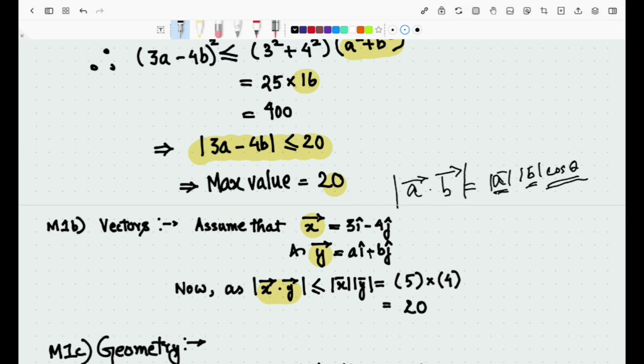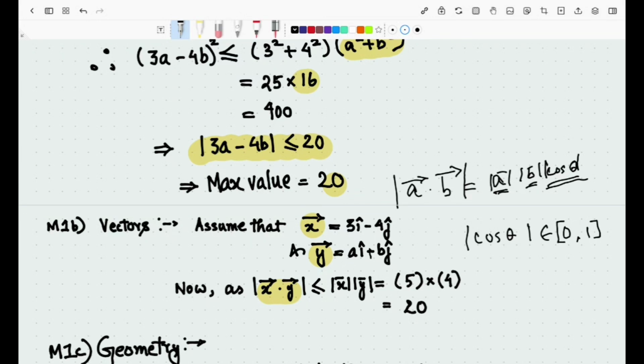So when I take the modulus, I make this quantity always less than or equal to 1, that is, modulus of cos theta belongs to 0 to 1, right? Now this is very useful, because for the maximum value I take it equal to 1.